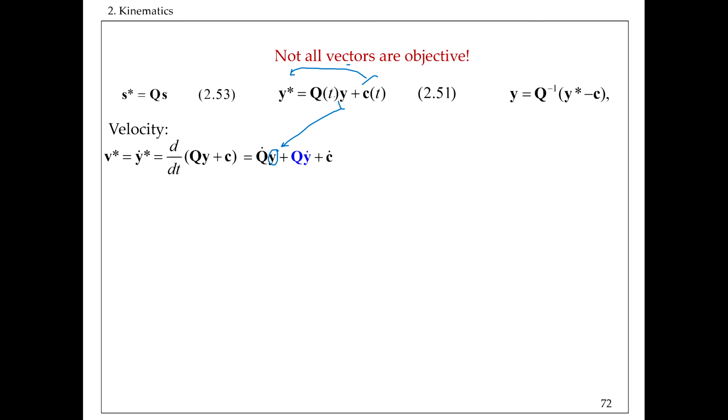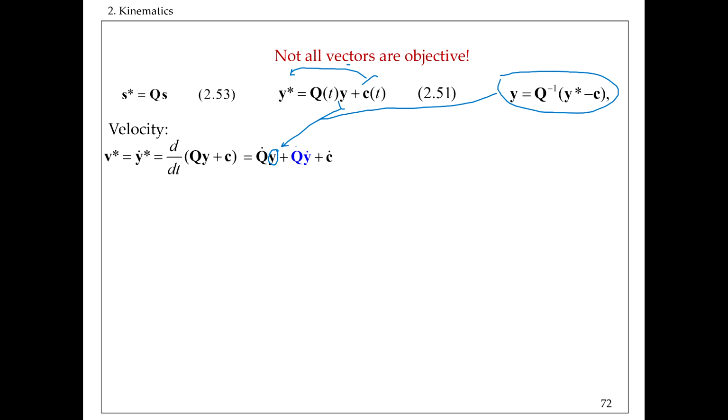So we have y on one side, and on the other side q inverse multiplying y star minus c, exactly what we have here. And now we take all this and substitute it here. So we obtain q dot multiplied by q inverse and y star minus c.